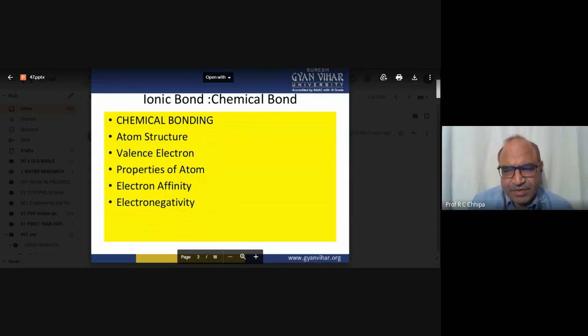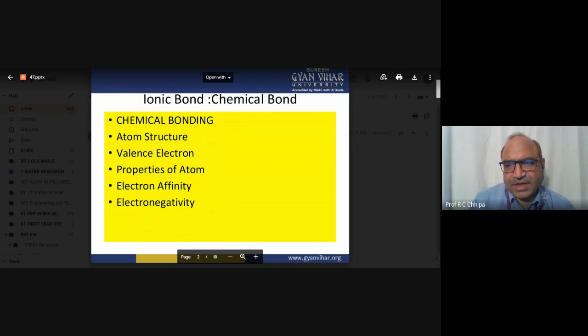So that is the electron arrangement in an atom. We have to continue with the other part, and we can say that the arrangement of electrons is very responsible for chemical bonding. One more thing here is the valence electron.